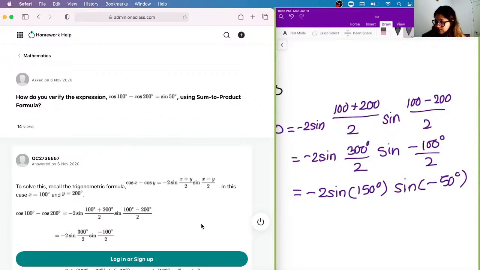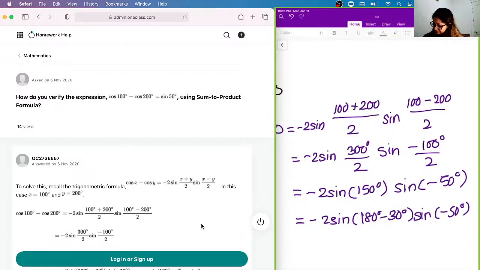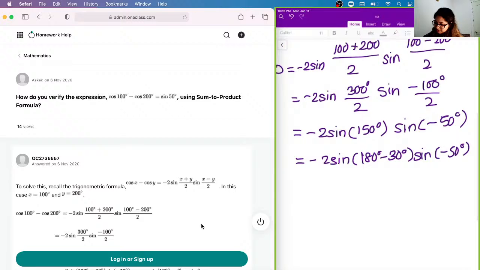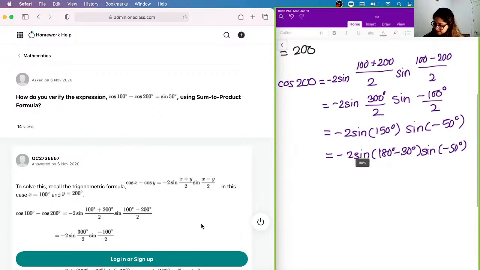And we can write 150 another way: 180 degrees minus 30 degrees. So this is another way of writing 150 degrees.